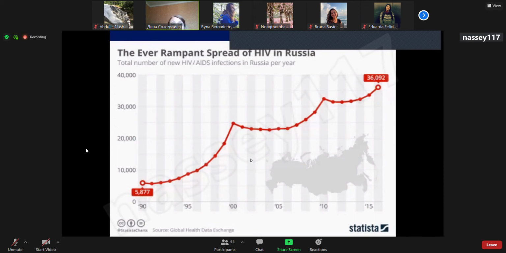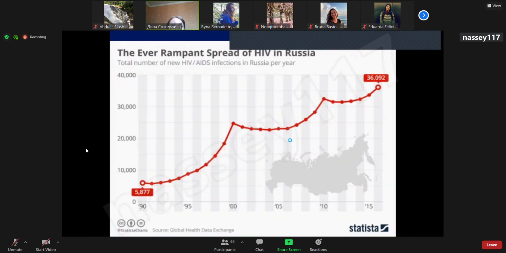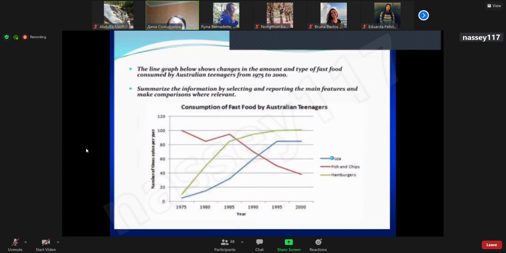For example, you can see that HIV grows in Russia. Line graphs are also used to compare categories of fast food, and we see that Australian teenagers have increased consumption of pizza and hamburgers, but decreased consumption of fish and chips.